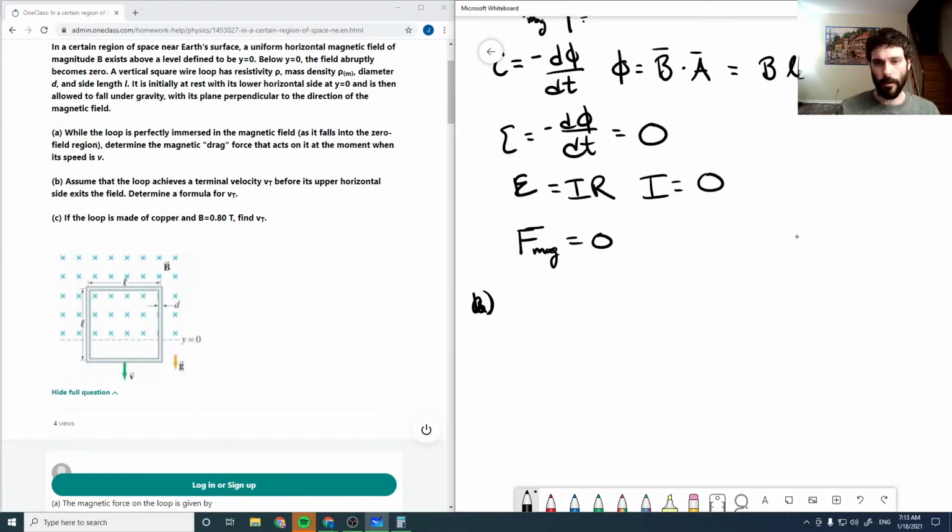Our F mag is 0 up until it essentially reaches this point. And then as we start to move the loop into the zero field region, that's when things start to happen.